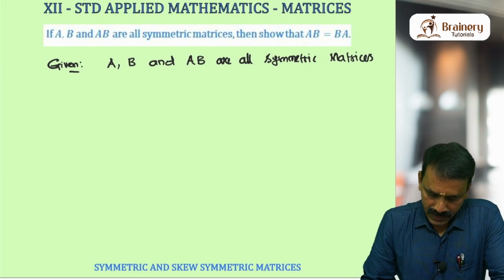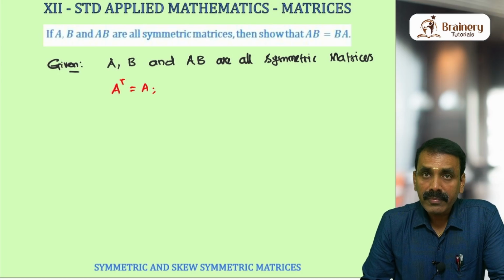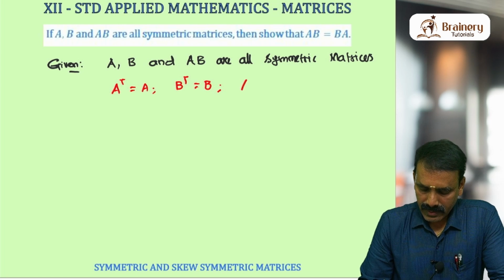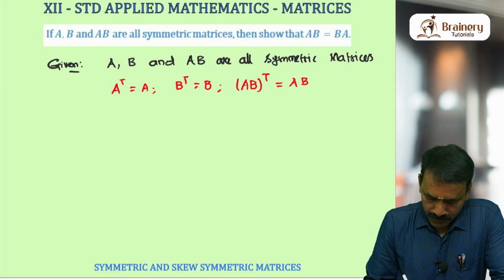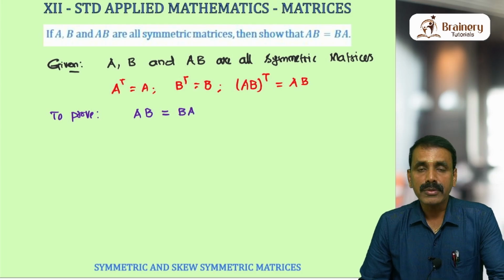A is symmetric means A transpose is equal to A, B is symmetric, therefore B transpose is equal to B, AB is also symmetric, so AB whole transpose will be equal to AB. What we are supposed to prove? To prove AB is equal to BA. This is what we are supposed to prove.